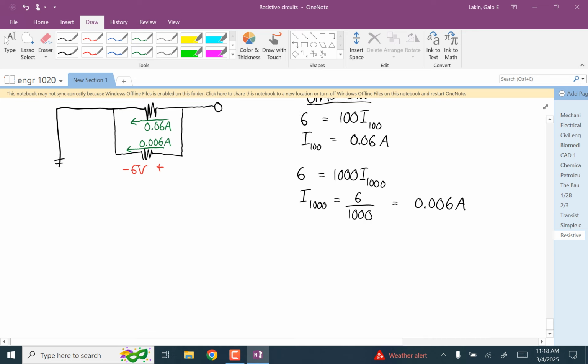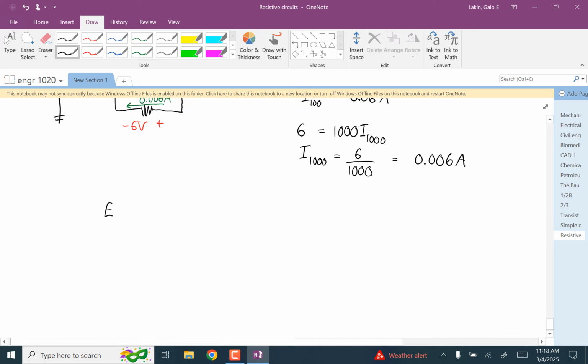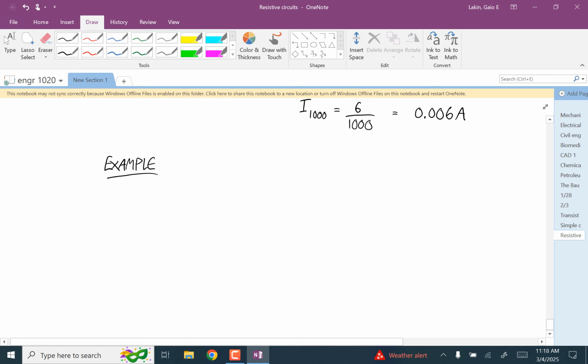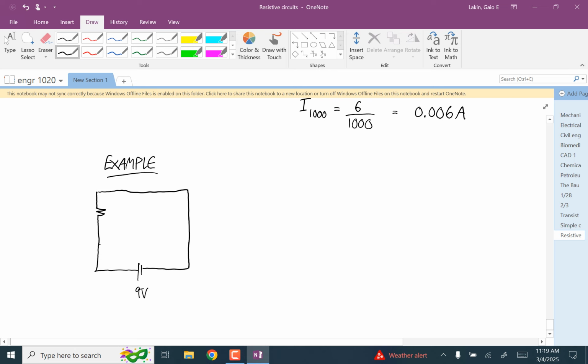Okay, let me give you one of these to do. So let's say we have a 9-volt battery. And let's say that this one is 250 ohms, and this one is 300 ohms.